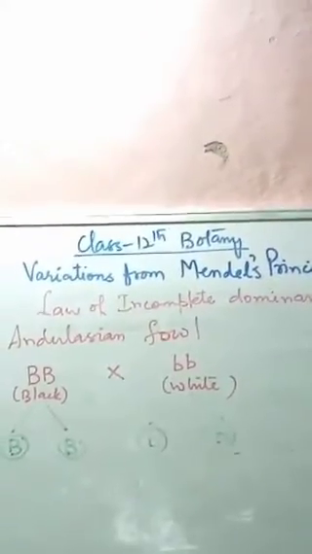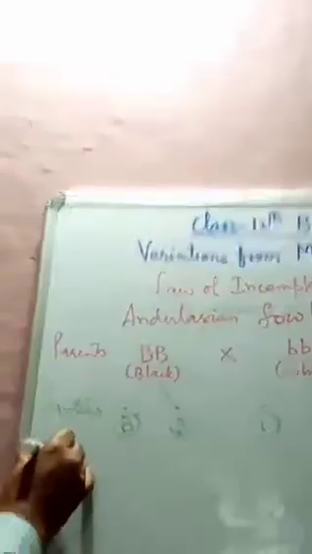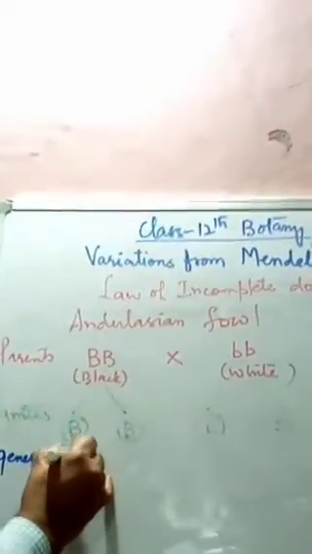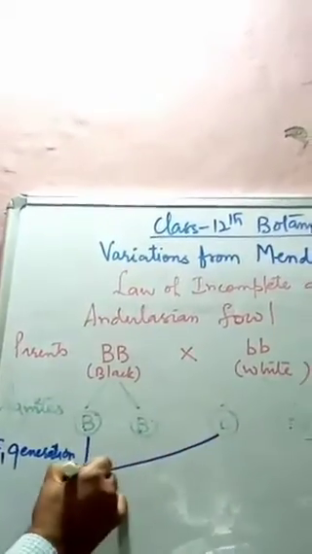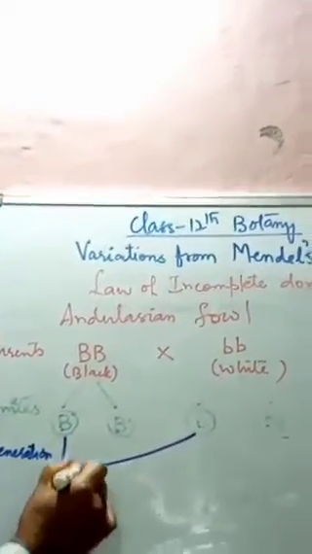Now F1. Let's do the F1 generation: capital B, small b.